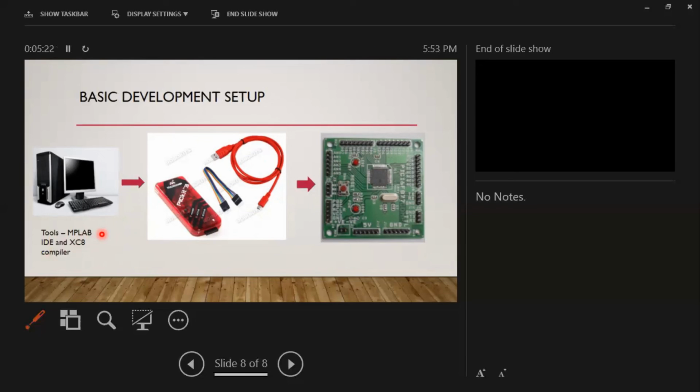Once the code is written in the IDE, you compile the code, you convert the code into a binary, and the binary needs to be flashed into the PIC16F877 microcontroller. How do you flash it? We need a programmer or a debugger. Here I have shown you an example, PICkit 3. There are various other programmers available, but PICkit 3 is a cheaper, low-cost programmer.